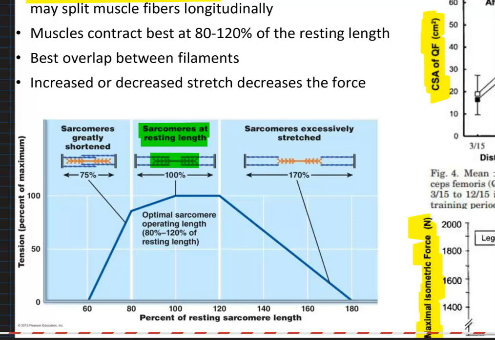When you look at the sarcomeres that are stretched too much, the overlap isn't that good, so it's really hard to initiate a forceful contraction. On the opposite side, when the muscle is fully contracted, there is no more space to move anywhere, so it's really hard to produce forceful contraction as well.